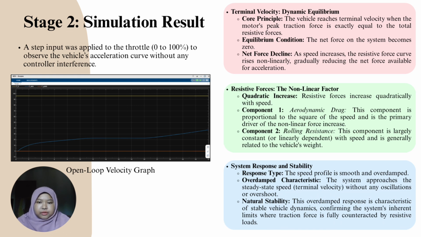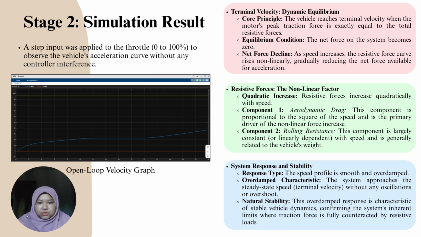You can notice how the blue line curves outward, right? This confirms our mathematical model, which is that aerodynamic drag increases quadratically with speed. The faster we go, the exponentially harder the air pushes back. This also includes rolling resistance, which stays relatively constant, but it is the air drag that drives this curve.